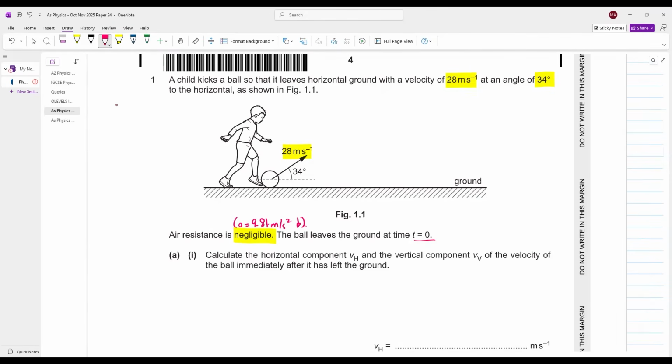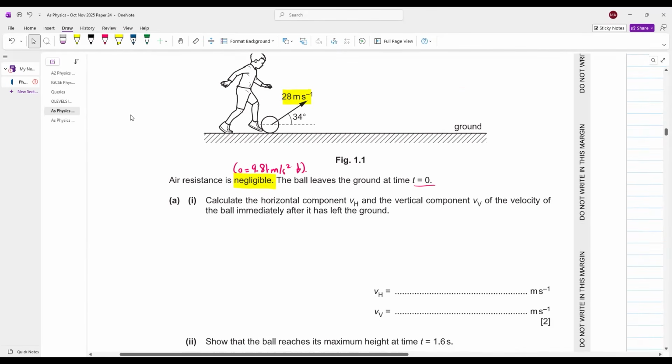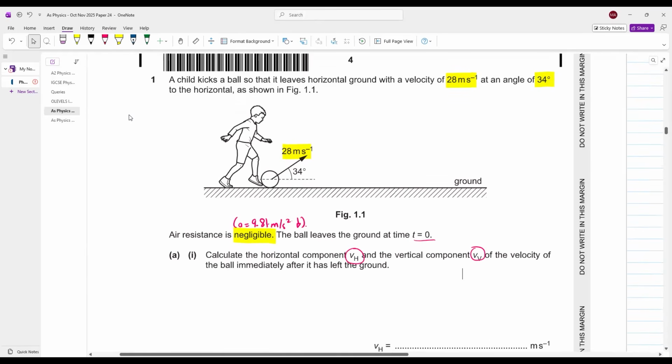The ball leaves the ground at time t equals 0. Calculate the horizontal component and the vertical component of the velocity immediately after it has left the ground.